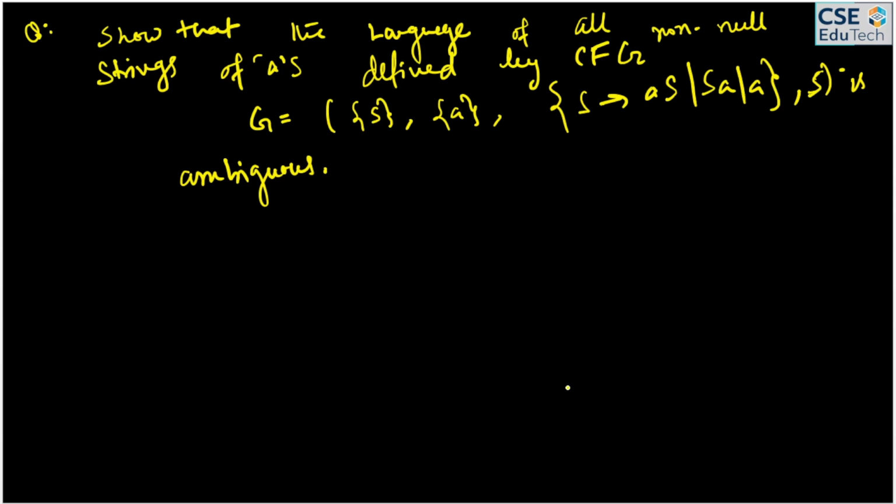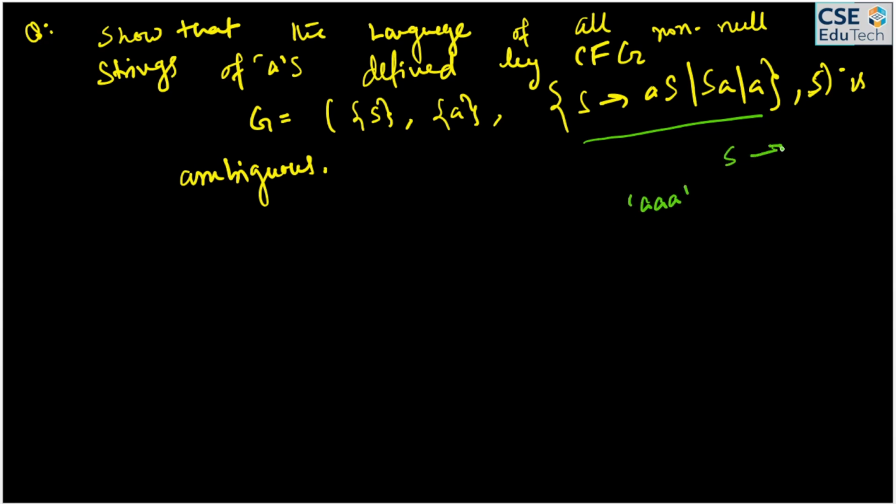Now, what will be the solution? The solution is we have to find any string that is generated by this grammar. Obviously from these production rules, it is clear that a string will be generated. How?